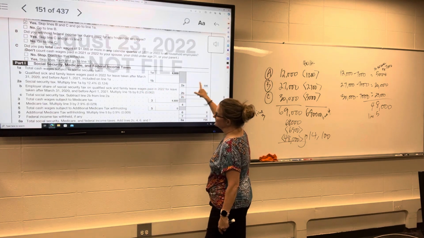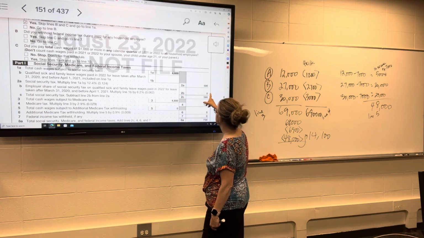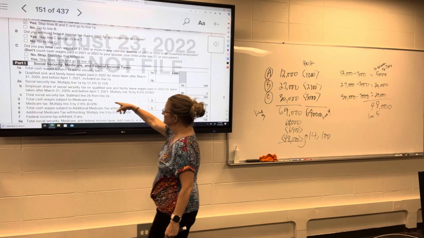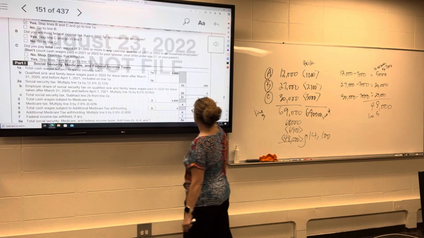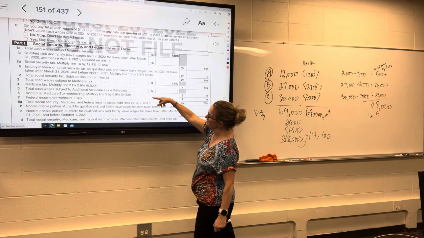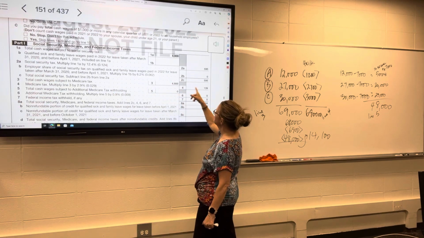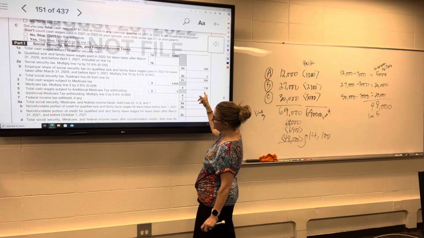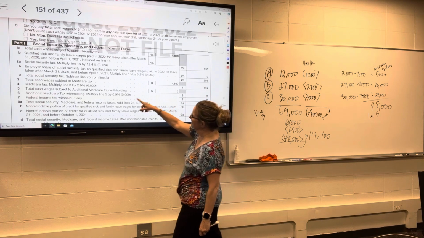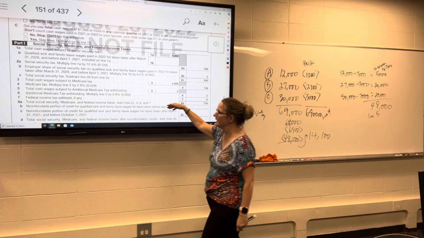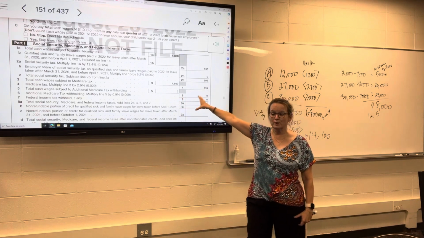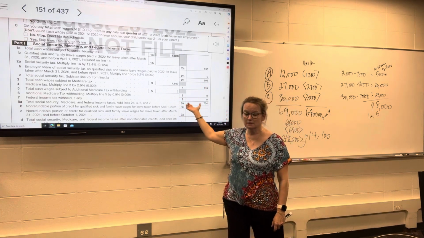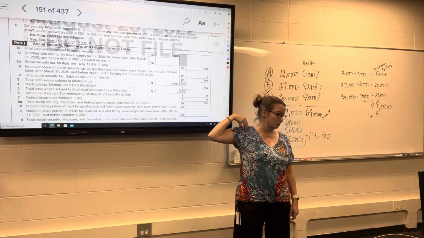Wages subject to Social Security tax times 12.4% here, $595. Total cash wages subject to Medicare tax times 2.9%. Additional Medicare tax withholding. Now remember, as the employer you would have withheld half of this because they're an employee.